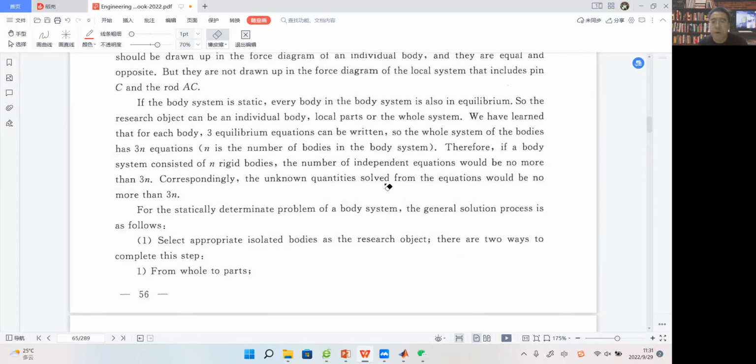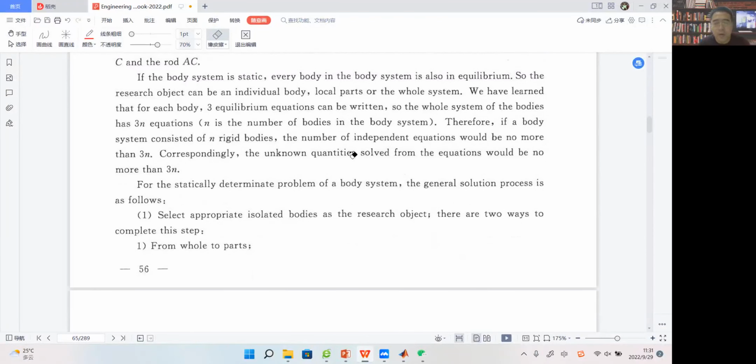So therefore, if a body system consists of n bodies, the number of independent equations would be no more than 3 times n, right? I think you can understand this because each body has 3 equations and we have n bodies, so there are no more than 3n.